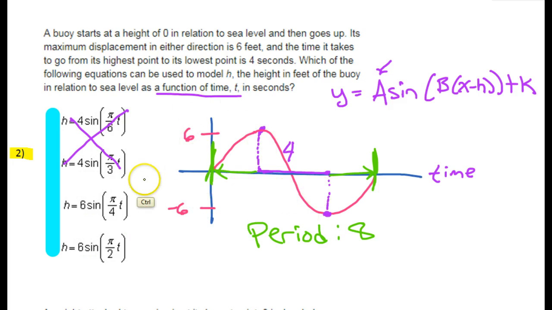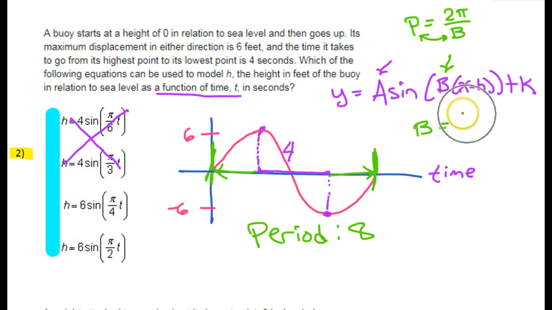That allows me to find this b value, because we know that the period is always 2 pi divided by the b value. We're allowed to swap these, so the b value is 2 pi divided by the period.